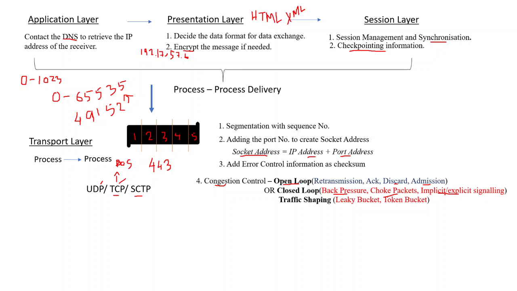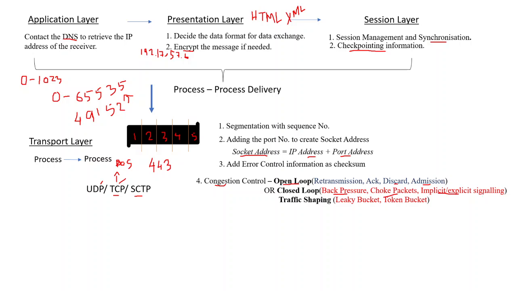Then you have implicit signaling, where the sender does not get any acknowledgement that the destination machine has actually received the packets, so it assumes that there might be a problem or a congestion in the network.